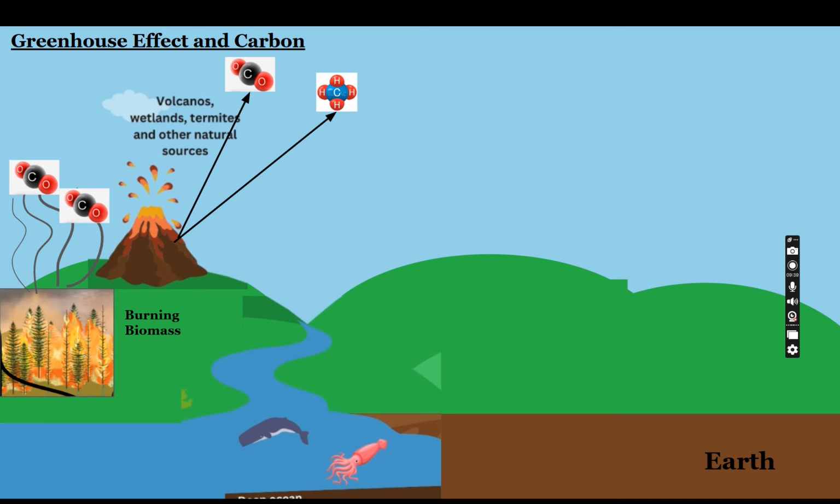Now, this can happen naturally, but what's happening more often on our planet is that farmers are seeing a higher and higher demand for beef, because more and more countries are eating more and more beef, and Americans are eating more beef than ever before.